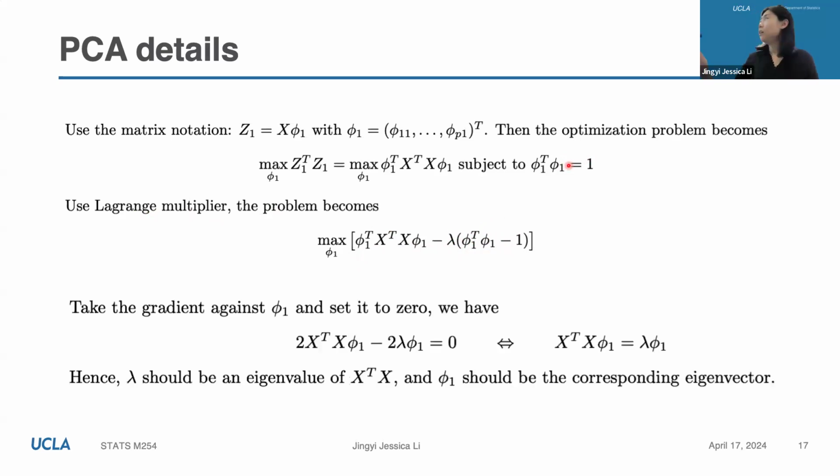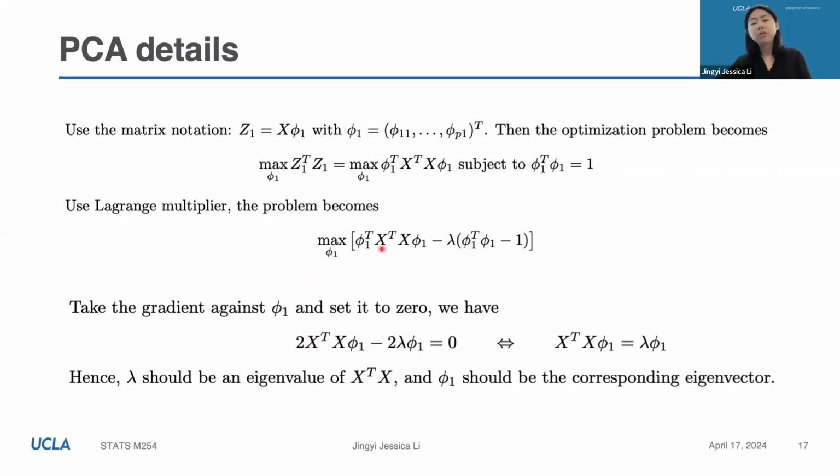And for this optimization, it's something we learned from calculus. If you want to optimize something, you take the gradient or derivative and set it to 0. Here, what we want to optimize is phi 1. That's the argument, the value we want to search for. Then we take the gradient with respect to phi 1 and set it to 0. This is vector calculus because we're taking a gradient with respect to a vector, not a scalar.